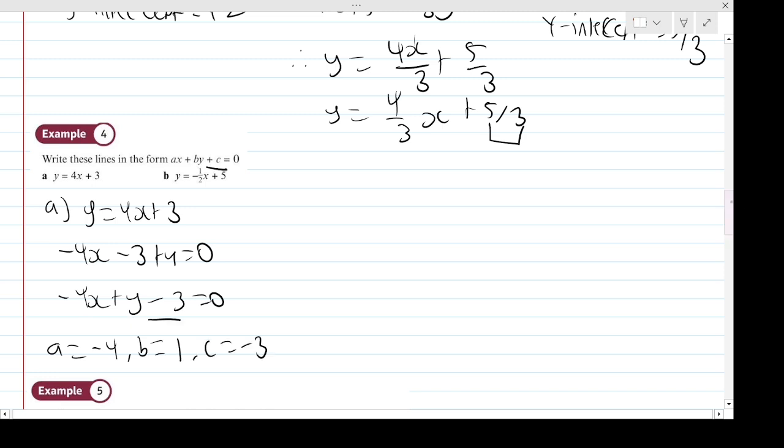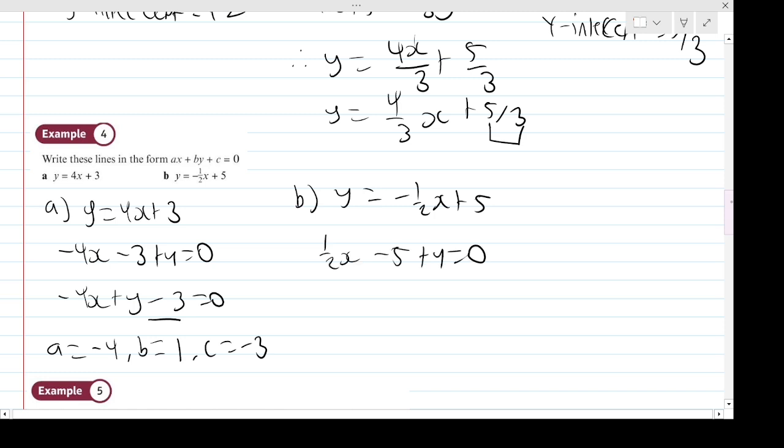Cool. Then part B, y is equal to minus a half x plus 5. And then again, we need to firstly group everything onto one side. So let's move this right side onto the left. If we add half x, we're going to get half x minus 5 plus y equals 0.